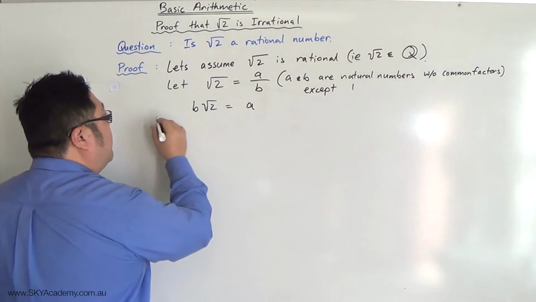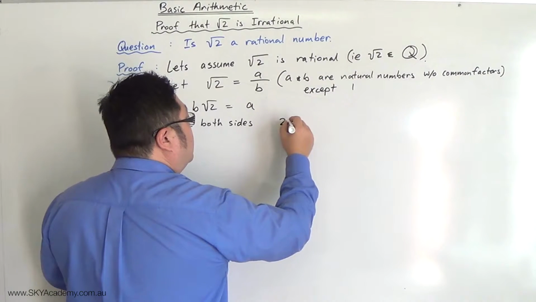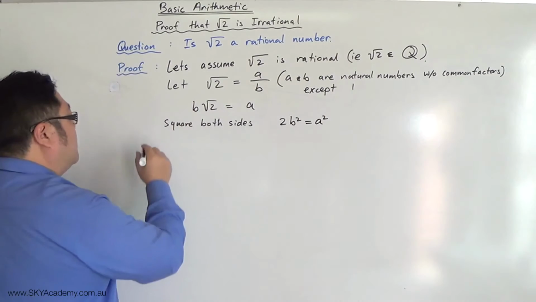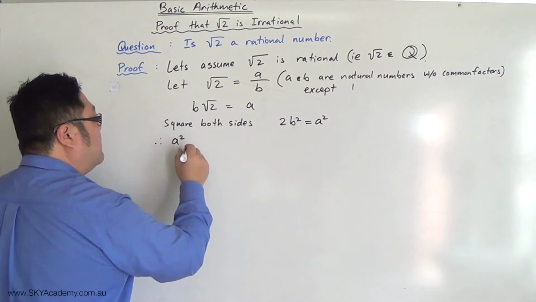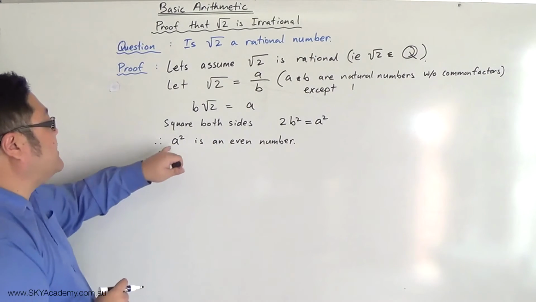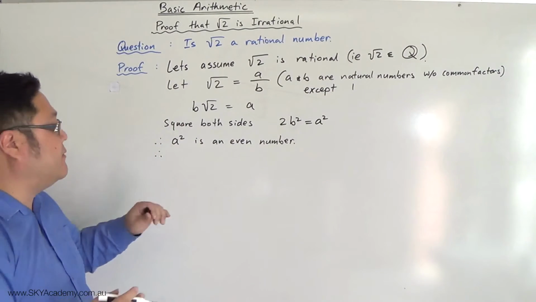So square both sides, which means that 2b squared is equal to a squared, which means therefore a squared is an even number, which means if a squared is an even number, then a must also be even.